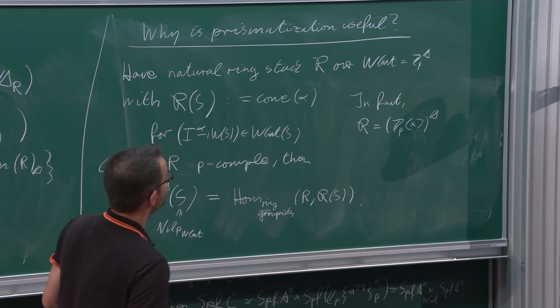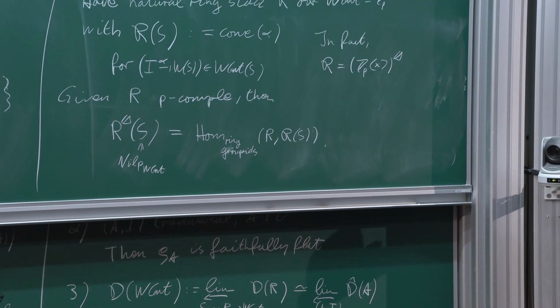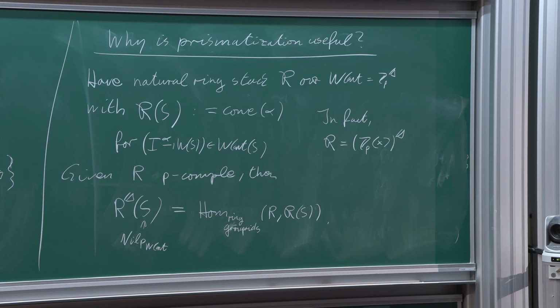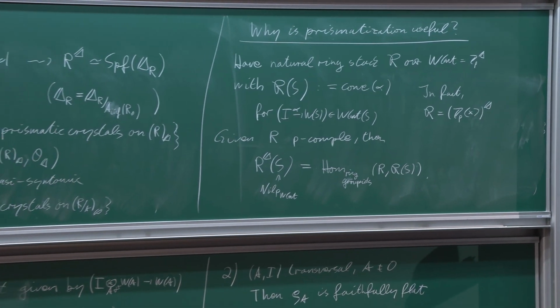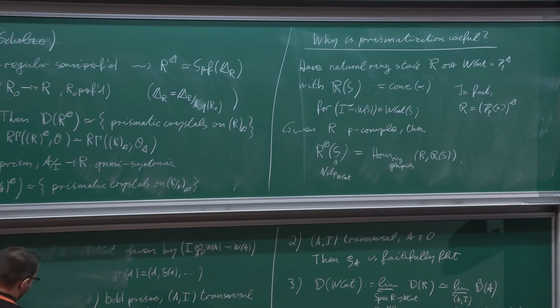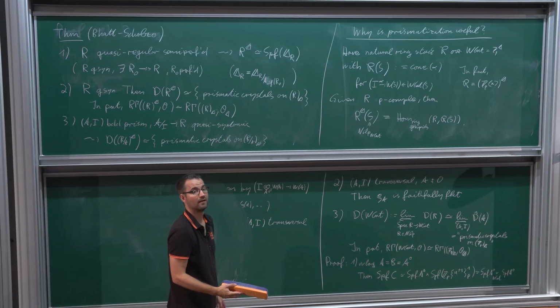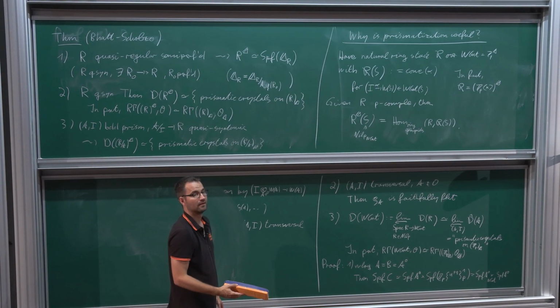And so now the power of the prismatization is that this ring stack, which governs the theory, can in certain situations be made more accessible, which then yields comparison theorems. So this original R, we take the Yoneda embedding of the R into this functor of animated rings.